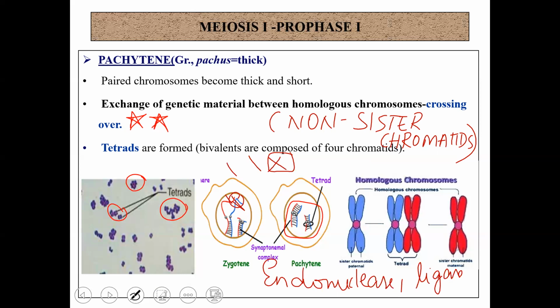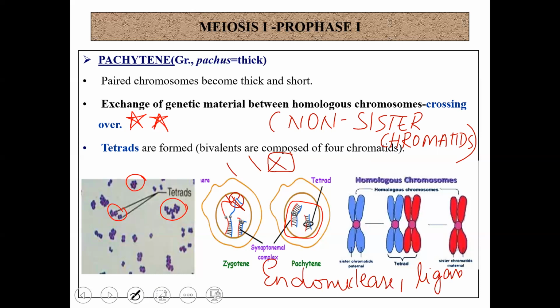So these two enzymes, which are involved in genetic cutting and rejoining, are called molecular scissors and molecular glue in molecular biology. These are the terms generally used for these enzymes.